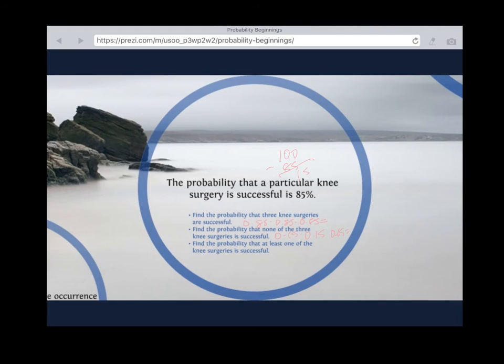But at least one means that I don't want none of them to occur. So I would just take 100% minus whatever we got for this number here. And that would give you the number of at least one successful knee surgery. So trust me, when you find out those numbers, you're not going to want to have knee surgery, like, ever.